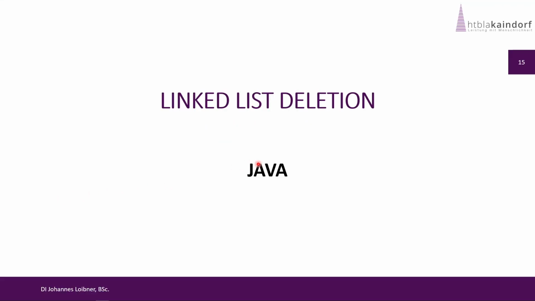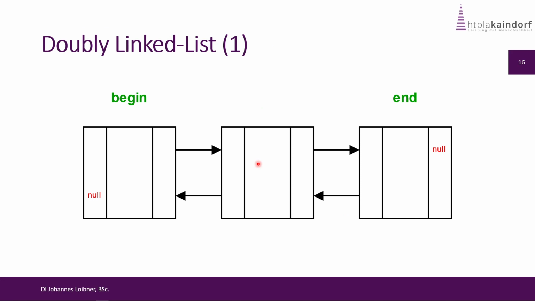Okay, so let's head back here. There are two types that I want to talk about shortly. So this is the doubly linked list. What does this mean? We had a single linked list before, which means that we had one pointer pointing from one node to the other. With the doubly linked list, we have two pointers. We have one pointer pointing to the next element always, as we see it here. And every element also has a pointer pointing back.